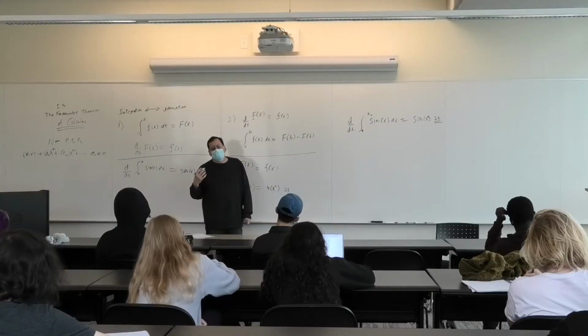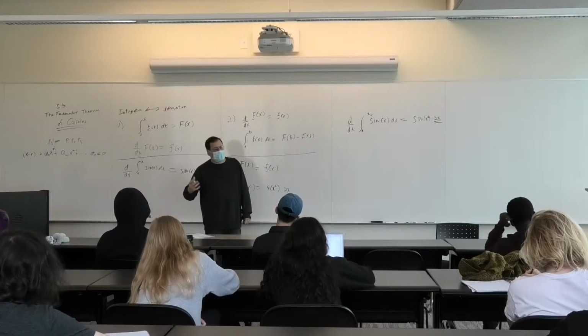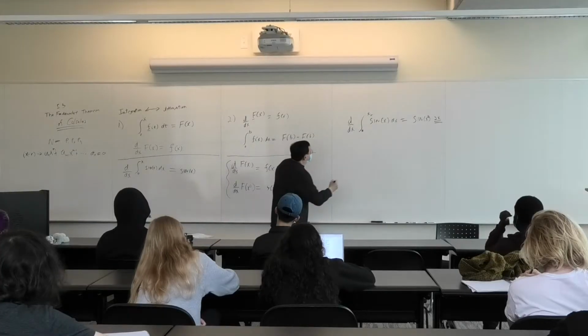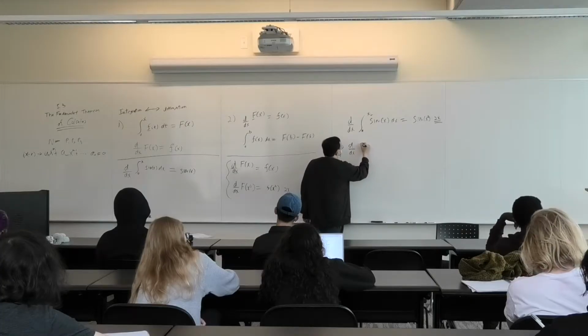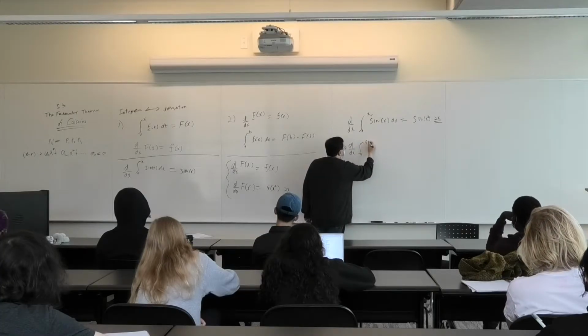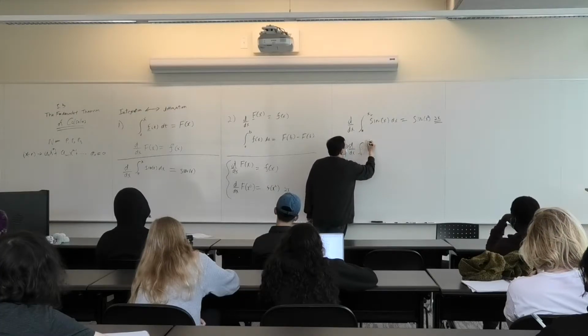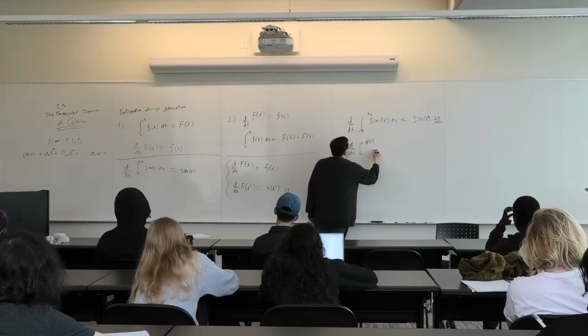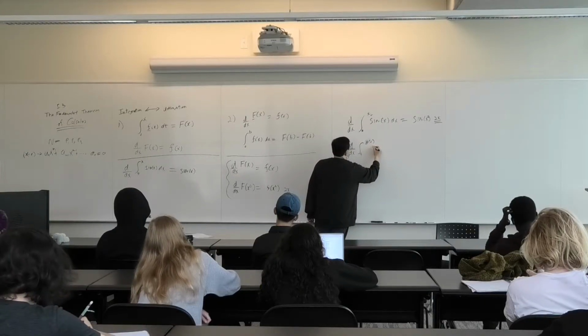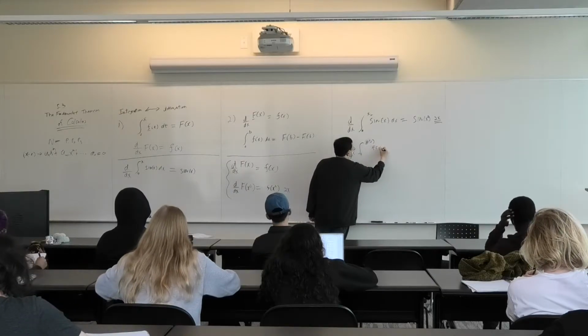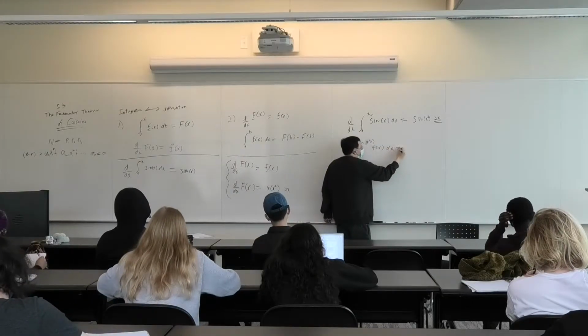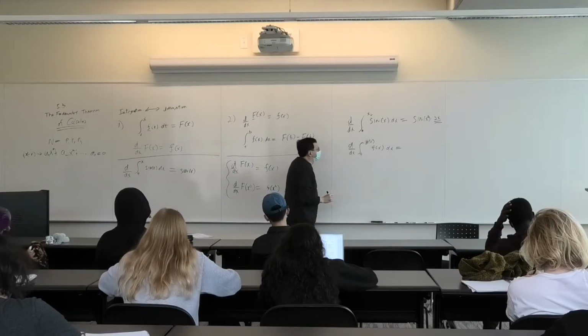And just give it one more level of abstraction here. I have d dx from a to, let's call this g of x. What's this?